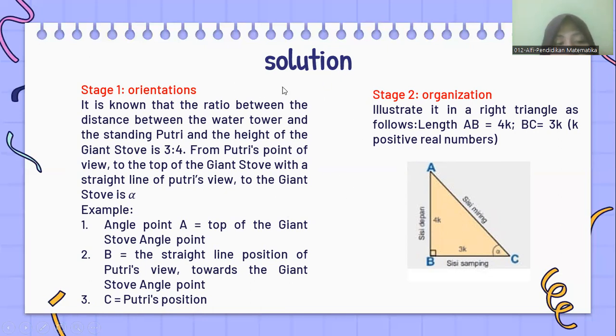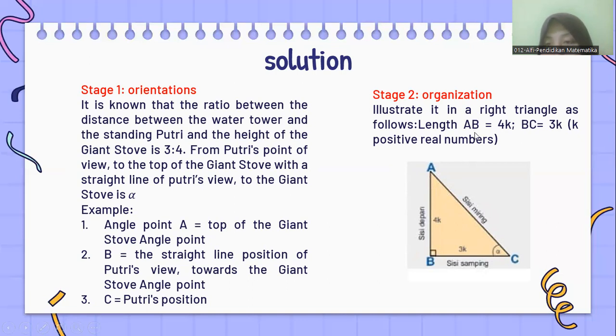After the orientation step, we go to organization. Illustrate it in a right triangle as follows.